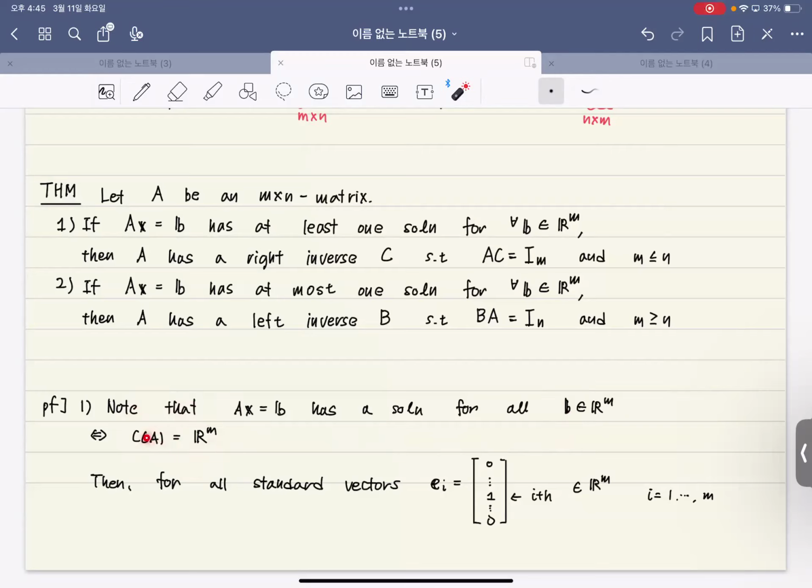So I can find a solution for every possible choice of b.